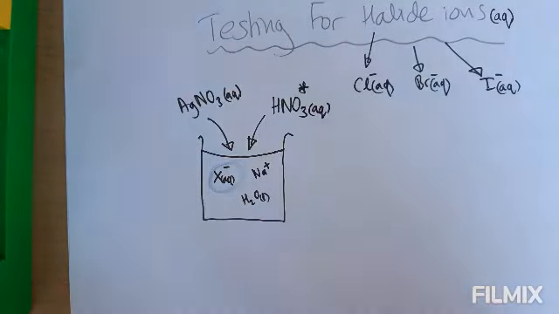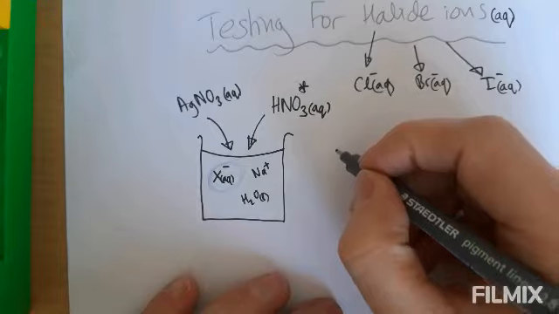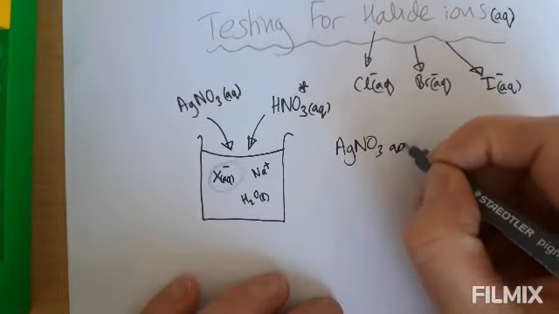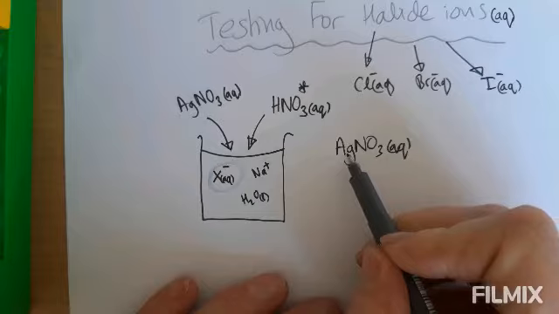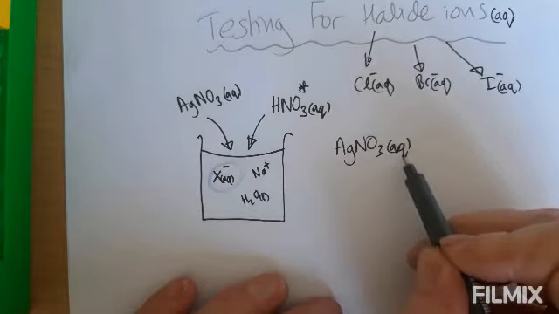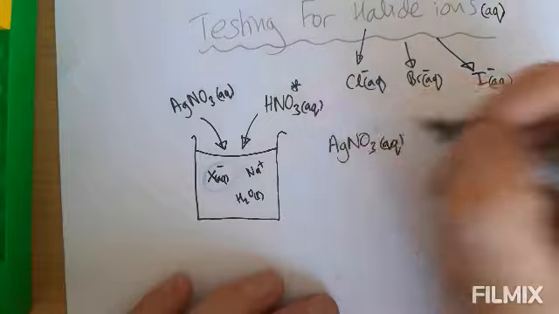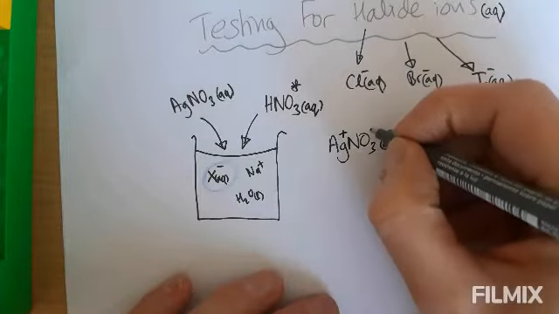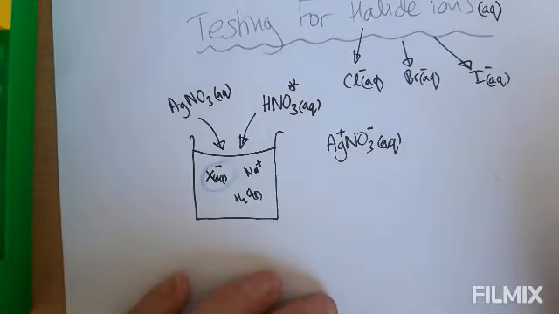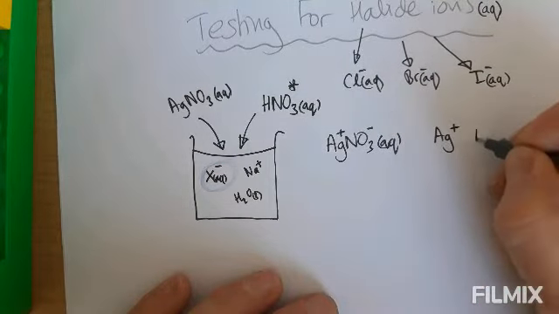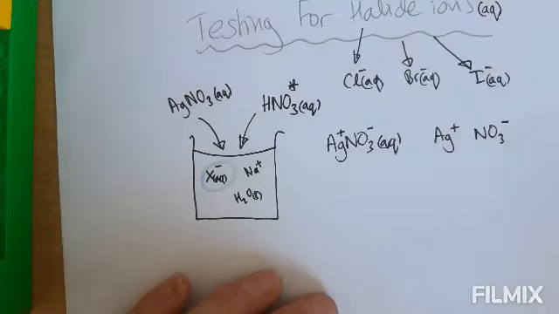Okay. What I will tell you now then is silver nitrate, AgNO3. As soon as I put this state symbol aqueous, what that means is this silver nitrate is in solution. And when silver nitrate is in solution, it's an ionic substance made of silver ions and nitrate ions. So you can think of silver nitrate as actually being Ag pluses and NO3 minuses.